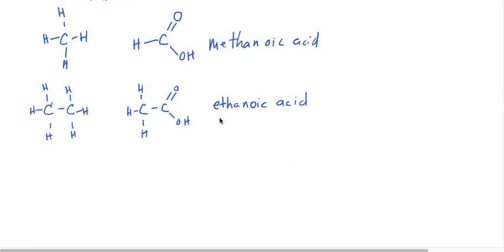And let's take a look. Instead of going to 3, let's go with something different. Let's go with 1, 2, 3, 4, 5. 5 we know is pentane. You know there's supposed to be hydrogens all the way around this, so I'm not going to take time to do that because you already know that's the case. These two bonds right here are going to come together for our double bond, right?